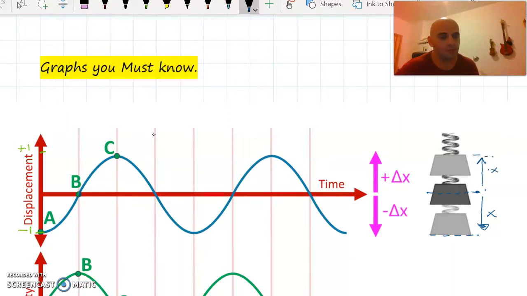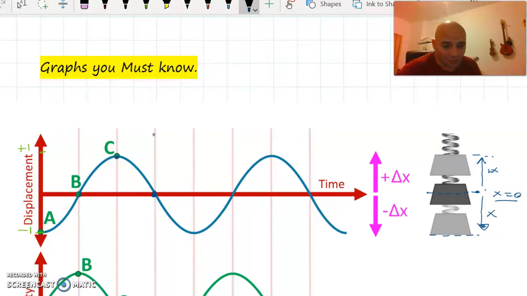So this will be positive x up here, and you can see that that is at C. And then, of course, the spring starts to push back down on it, so it comes back down to B again. So it's oscillating in this kind of simple motion. It goes back down to B again, and the displacement is 0. So here x is equal to 0.